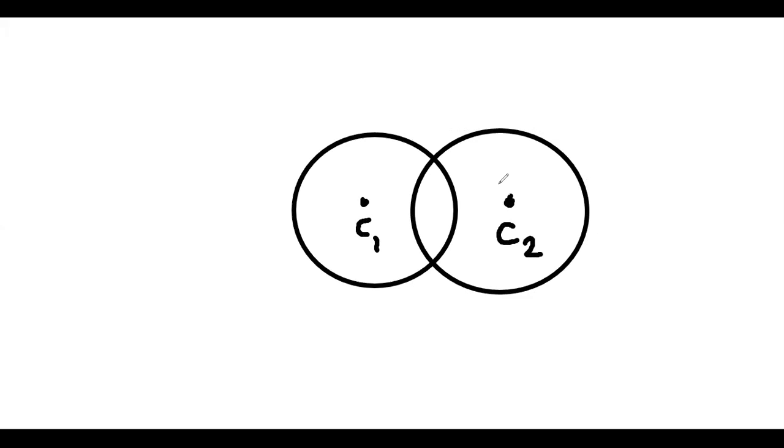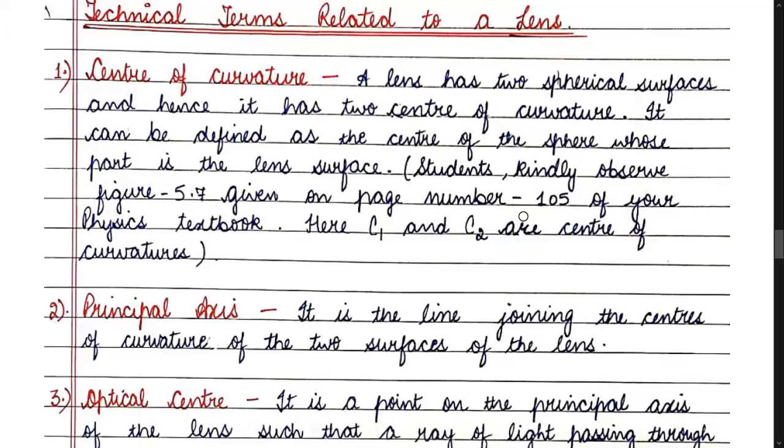So when these two bounded spherical surfaces are taken, we form a lens. So a lens has two centers of curvature on either side of it. For further clarity, students, kindly open page number 105 of your book and see figure 5.7.